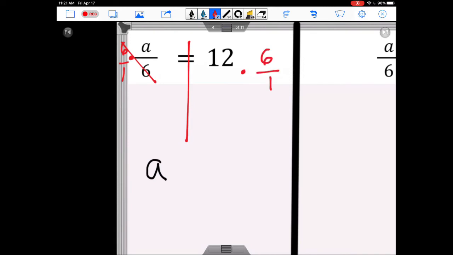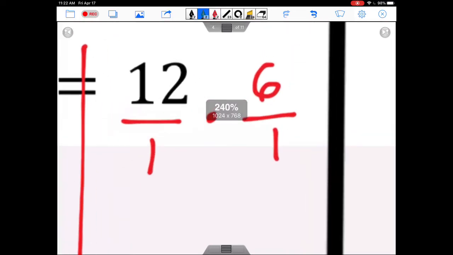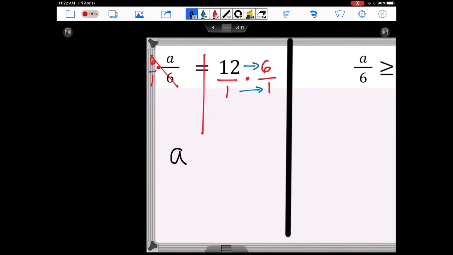So we're going to multiply this by 6 over 1. Don't let the fraction confuse you. You just multiply straight across. And we should get 72 over 1, which is actually just 72. So a equals 72.